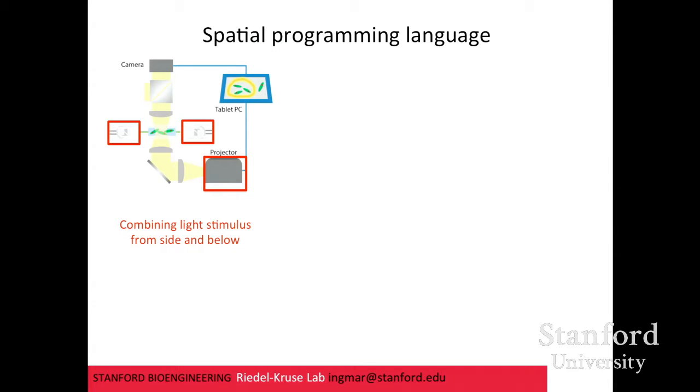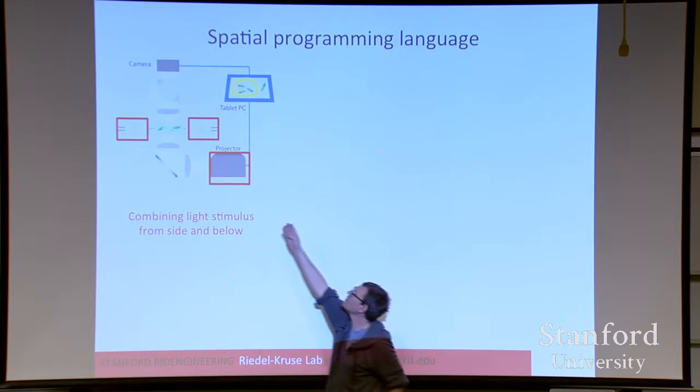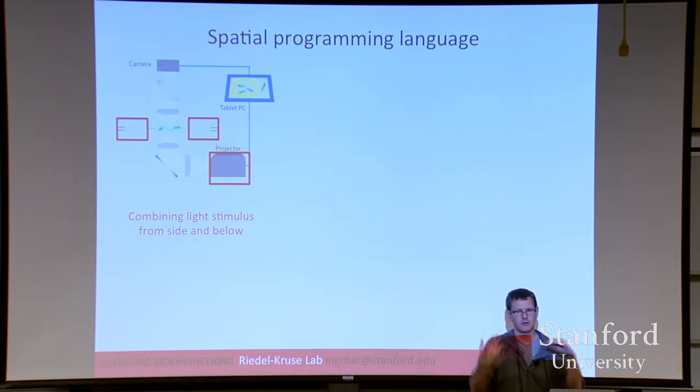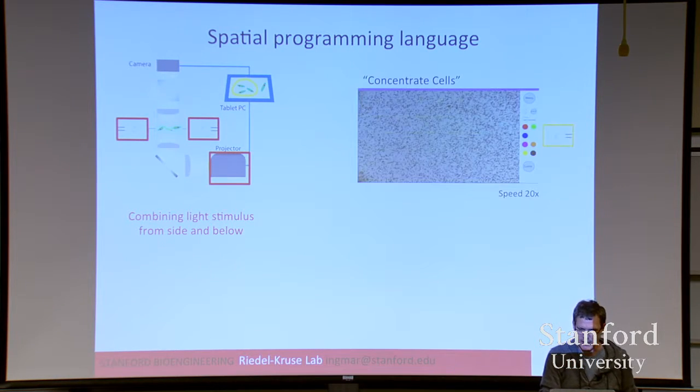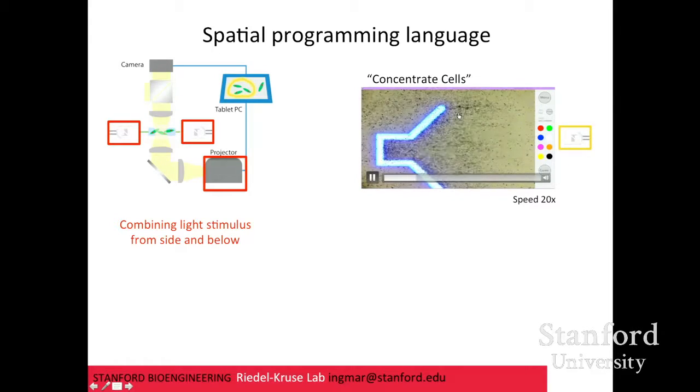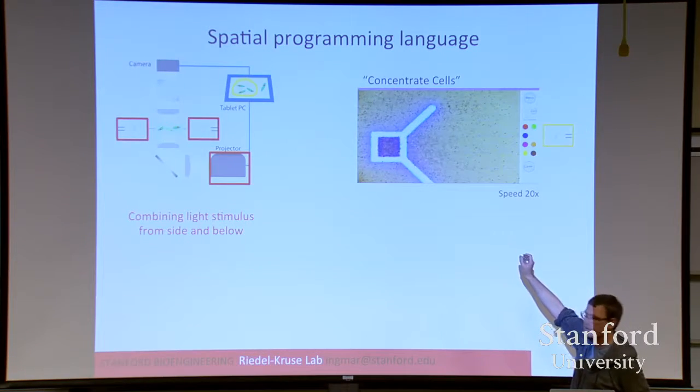This is an ongoing project where I combined the two setups that I showed before, the one with the projector and the one with the LEDs, which means now we can manipulate cells in a global field with this projector, but also give some directional motion from the sides. So here's an example of what you can now do. This is much more zoomed out, right? These again are Euglena cells, but very, very small.